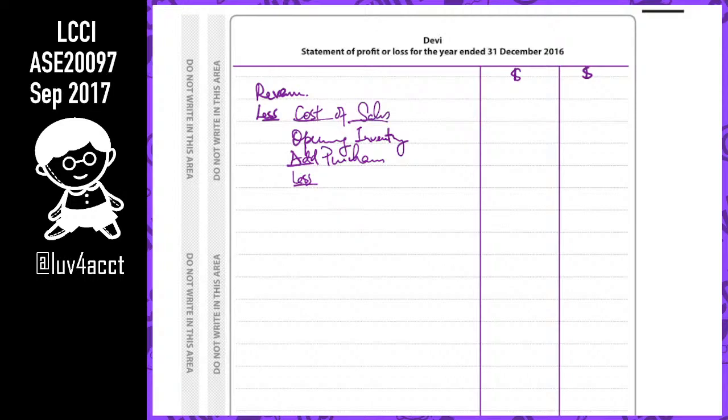You have, first of all, the goods taken by Devi, and you also have carriage in, I remember, carriage in, and then less closing inventory, and then gross profit.